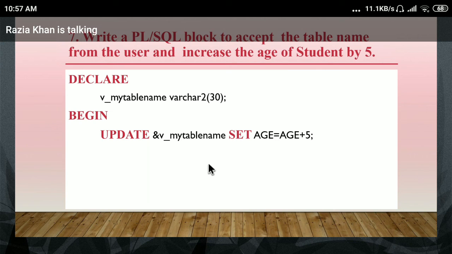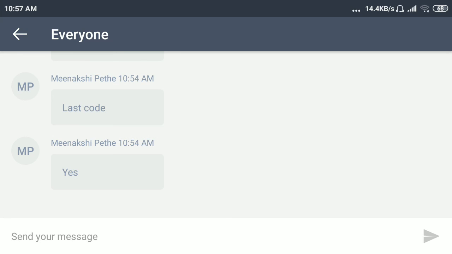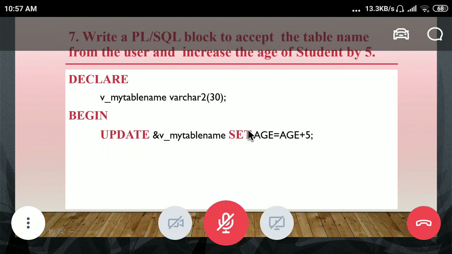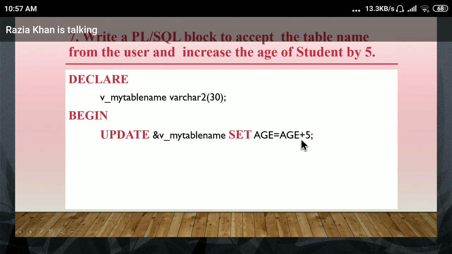So tell me the syntax for the update query. This you have done in your FY. Update, then table name, then set keyword, then column name, and whatever value you want to add in that column, you just write equal to. Is it okay? Yes or no? So update, ampersand table name, because this value you have to accept from the user, so write ampersand with table.